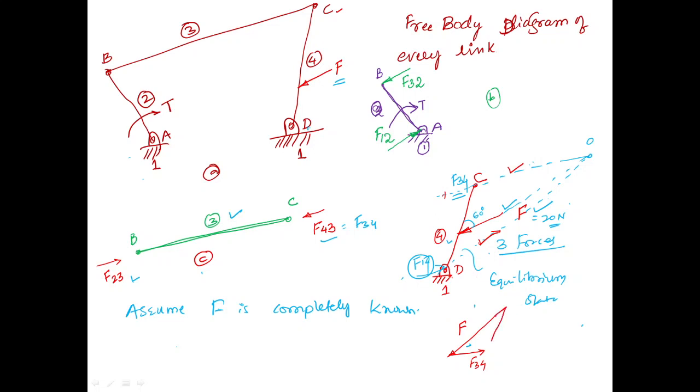Now let us draw one more line. This is what? F14, right? F14. Now if you get the conditions of forces as the equilibrium of element 3 and of element 2, now this is equal to what?